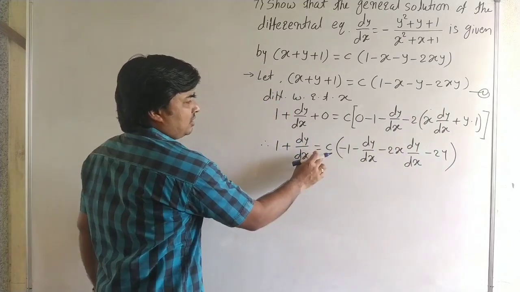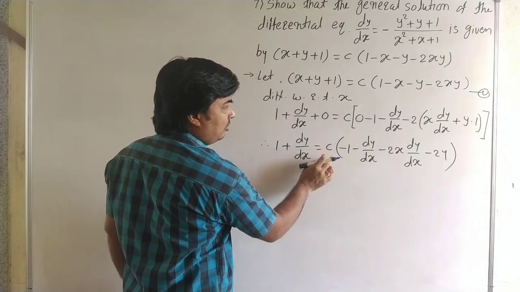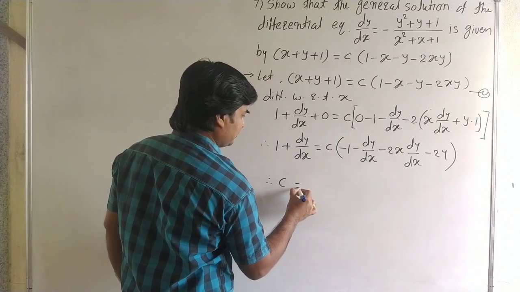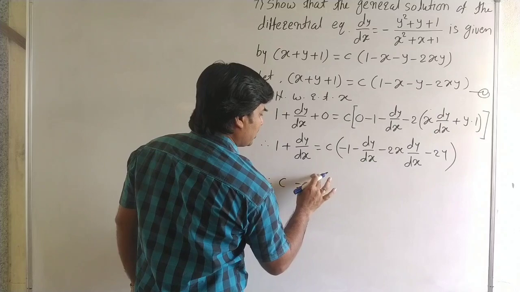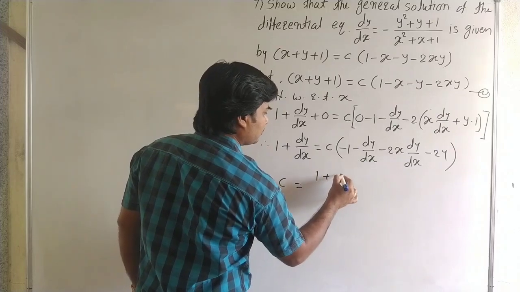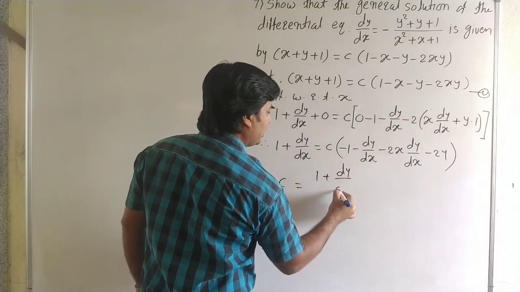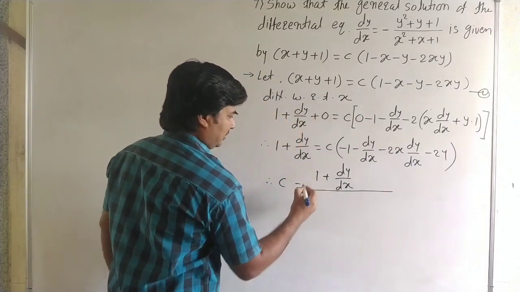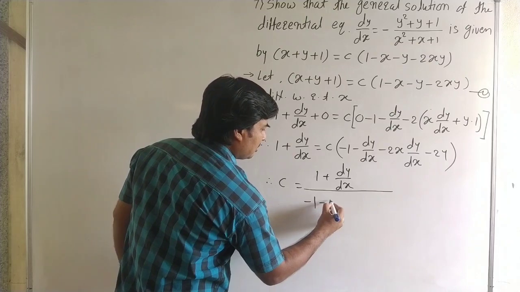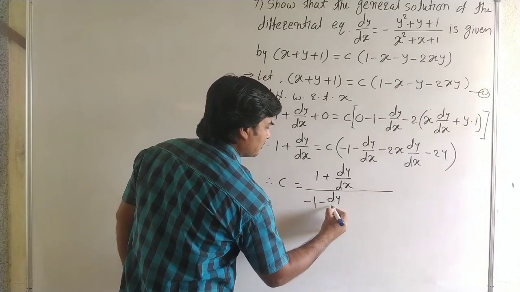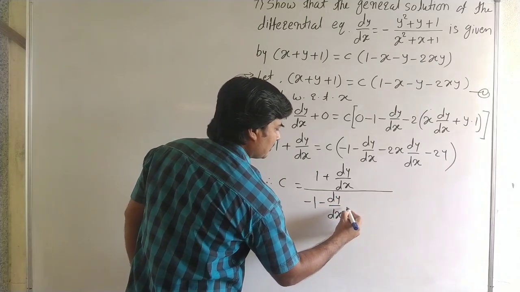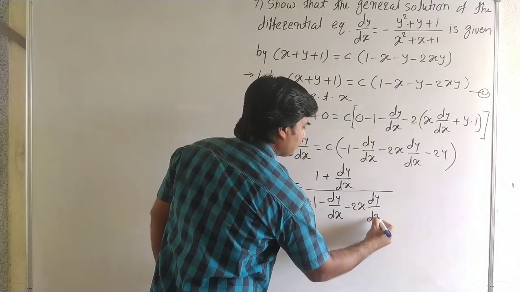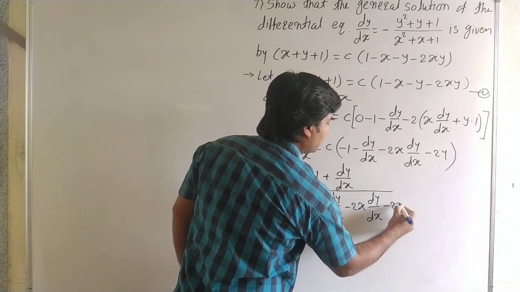Now to eliminate the arbitrary constant c, find its value. Therefore we get c equals (1 plus dy by dx) upon (minus 1 minus dy by dx minus 2x dy by dx minus 2y).